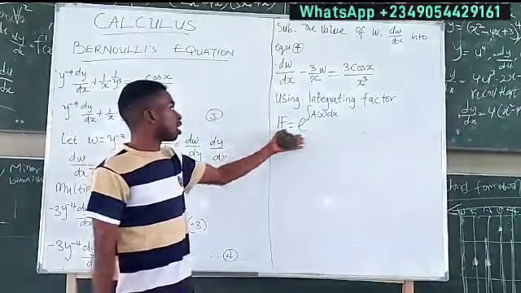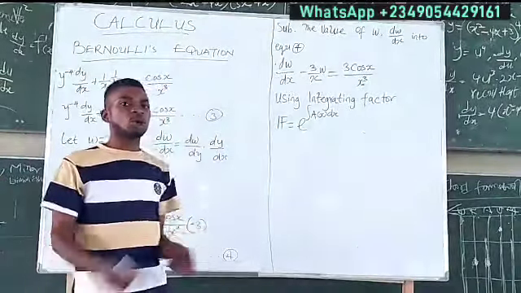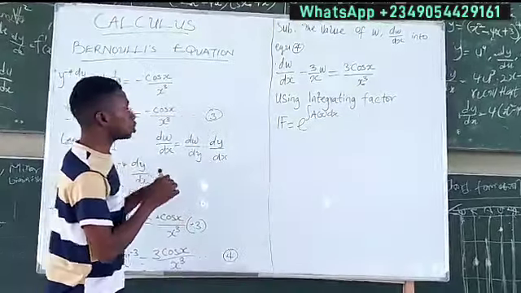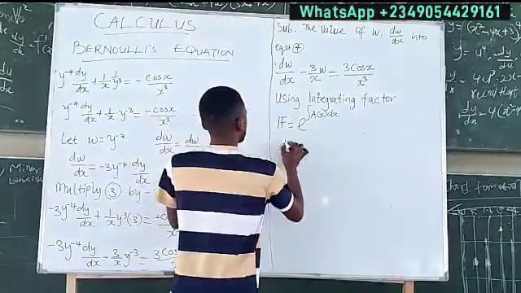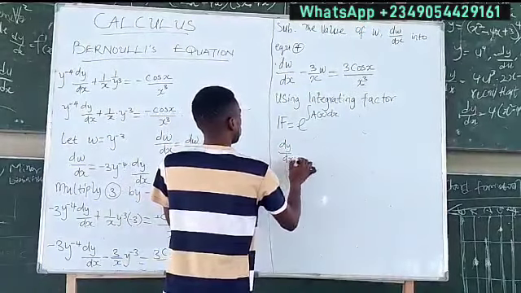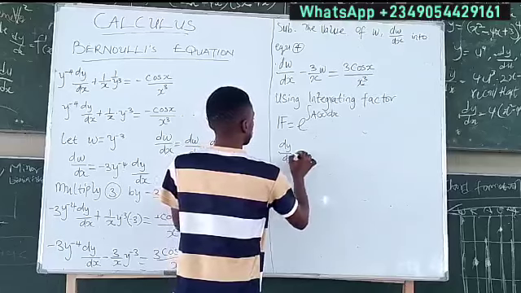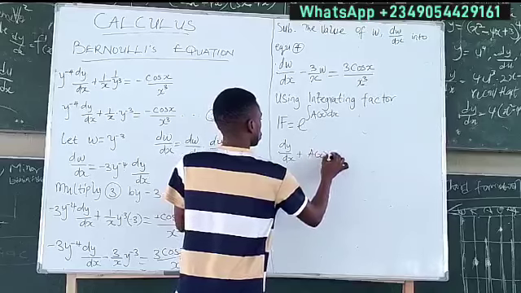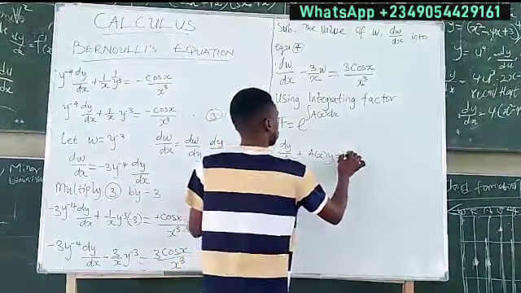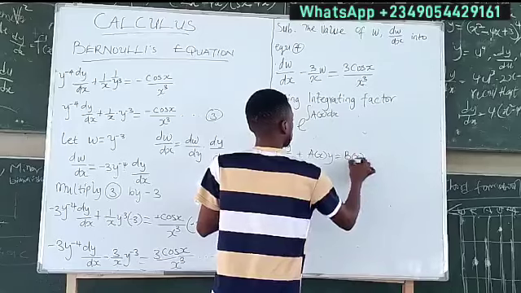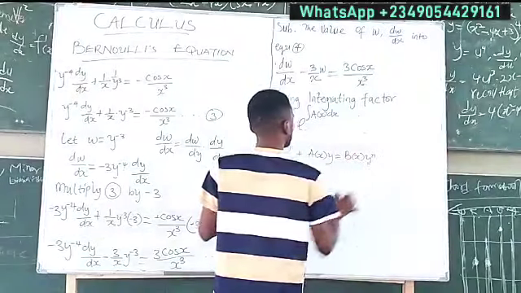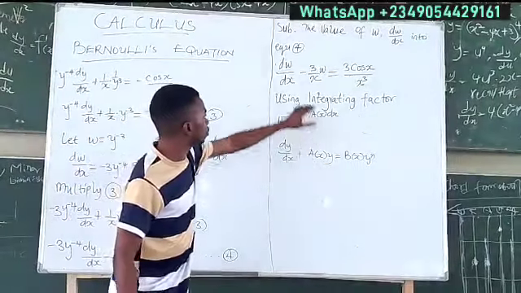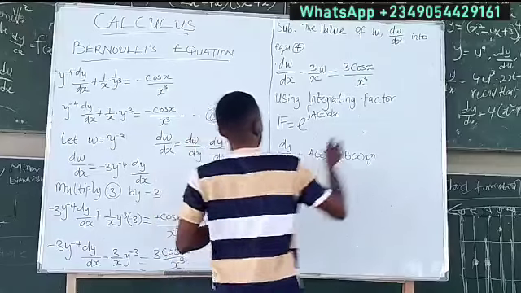This is our integrating factor's formula. We can recall that our Bernoulli equation follows the form dy over dx plus a(x) y equal to b(x) y to the power n. Let's call this equation 5.